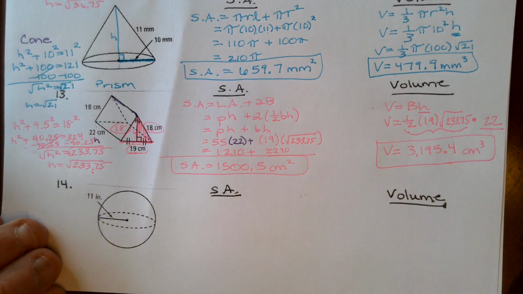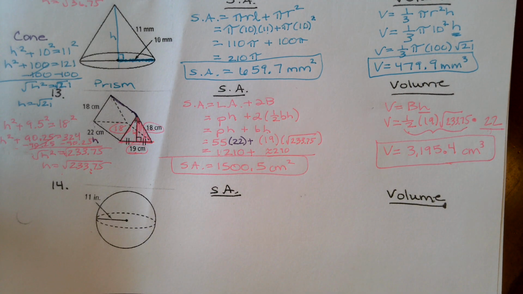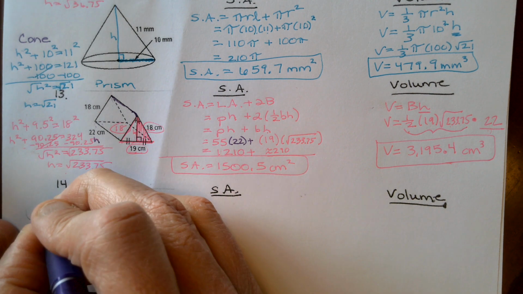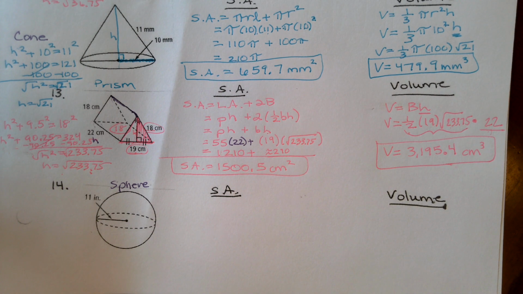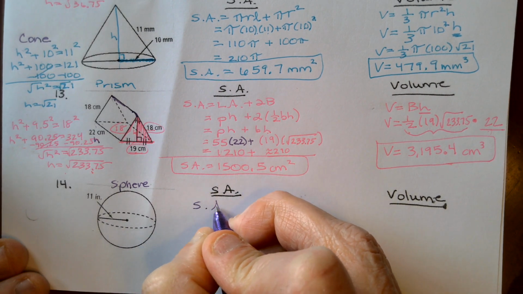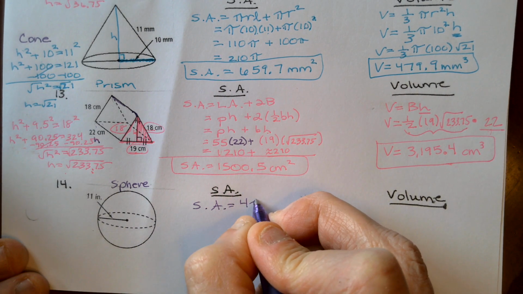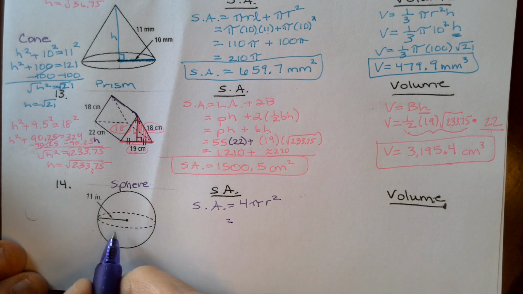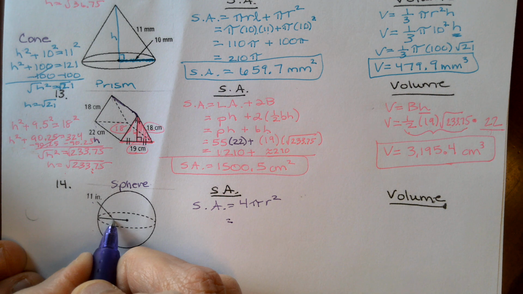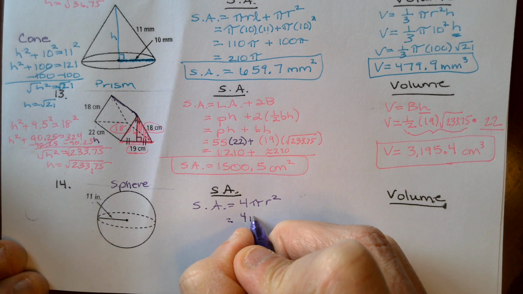Okay, then we're at our easiest one to figure out, honestly. It's the sphere. And we need surface area of a sphere, which only requires one thing, 4 pi r squared. So that is the radius right here, 11. 4 pi.